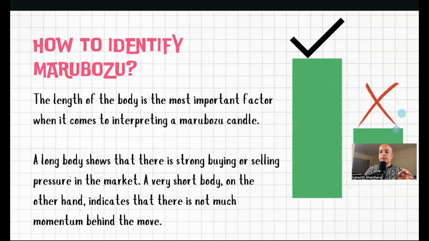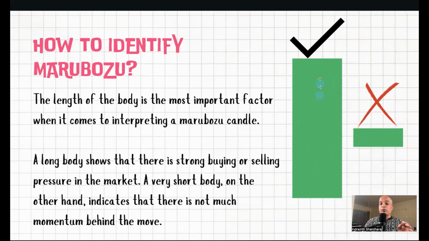So the important thing you should remember is the length of the body. The length of the body should be significantly bigger compared to the remaining candle bodies. I will show you some examples. Whereas very small bodies, even though it looks like a bullish Marubozu, will not be very powerful and you should not use it.